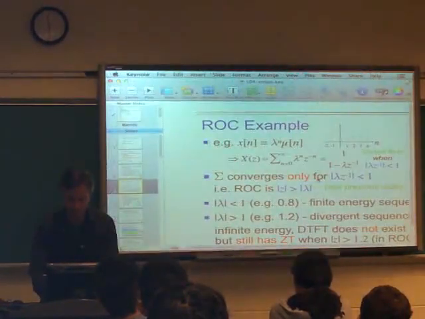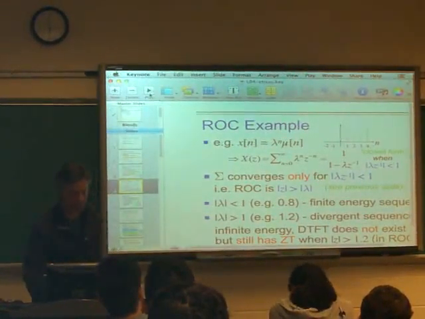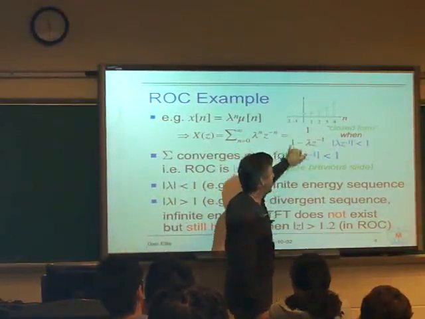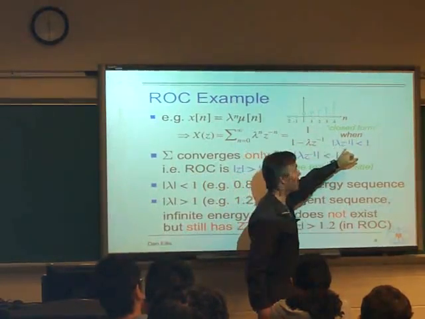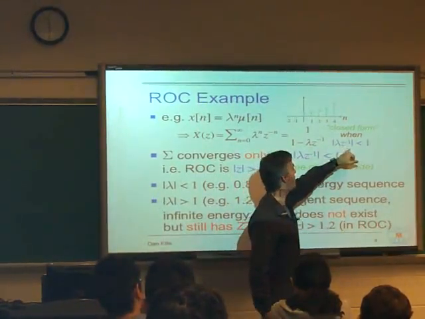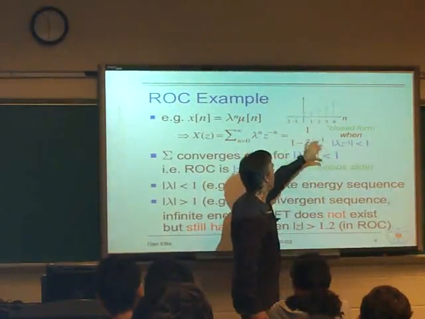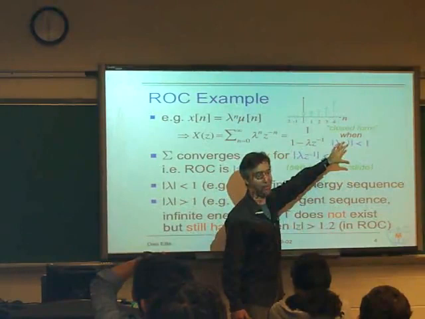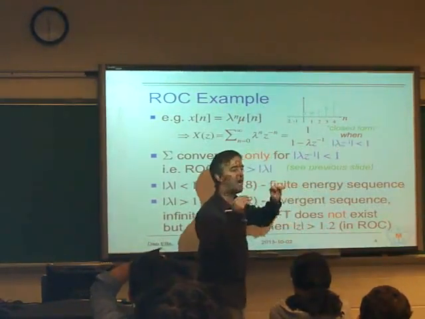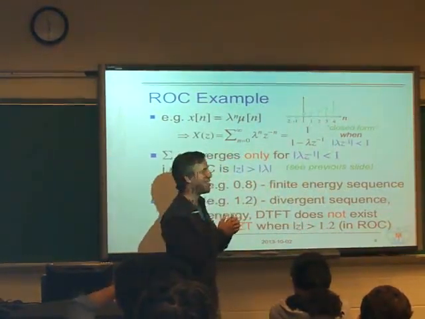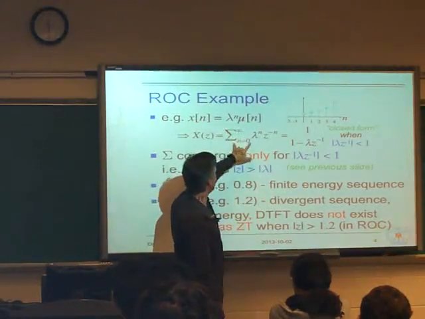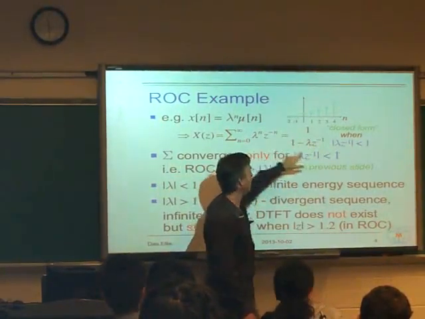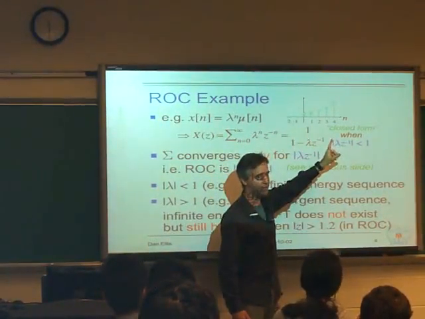And that's this point here: this summation is equal to this nice closed form expression for points where z to the minus 1 times lambda is smaller than 1. But it just doesn't hold. It's not related to what this summation is when that condition is not met. And so we have to get clear in our minds the distinction between the z transform, which is this, and the closed form expression for the z transform, which is equal to it over the region of convergence only.